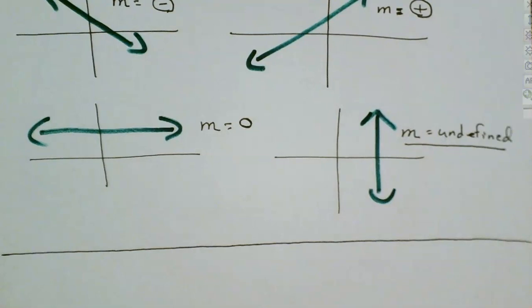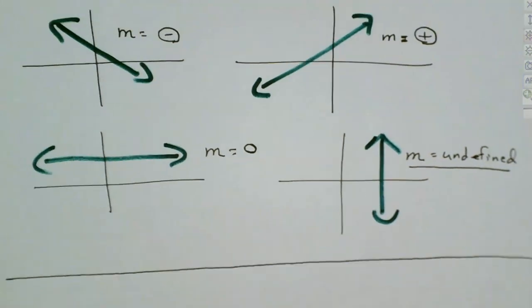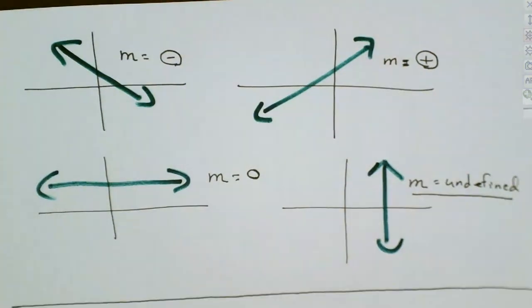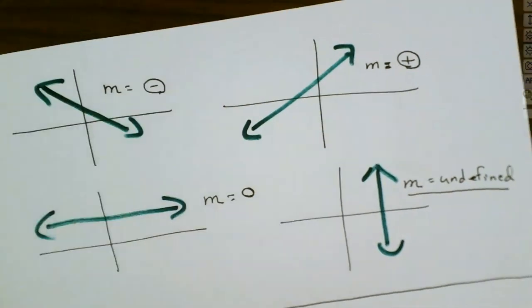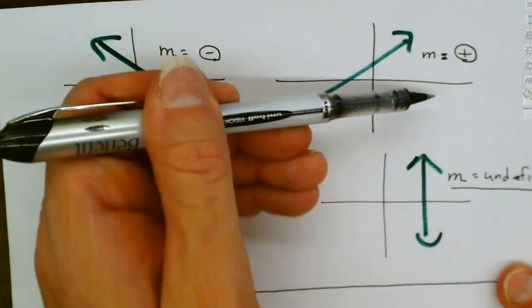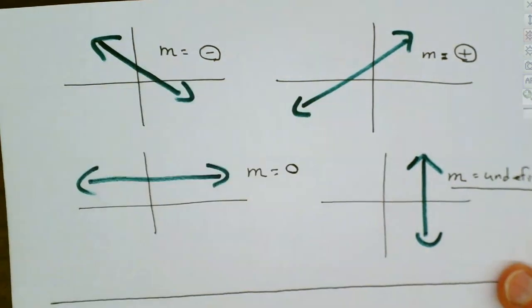Some instructors may say no slope, but I think that's confusing, so I like to use undefined, because we know division by 0 is undefined. So here's the 4 different outcomes that we can have. Positive, up from left to right. Negative, down from left to right. 0 is your horizontal line. Undefined is your vertical line.